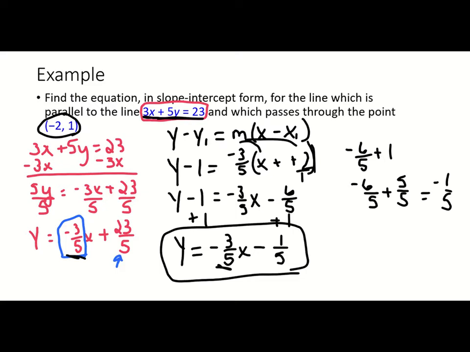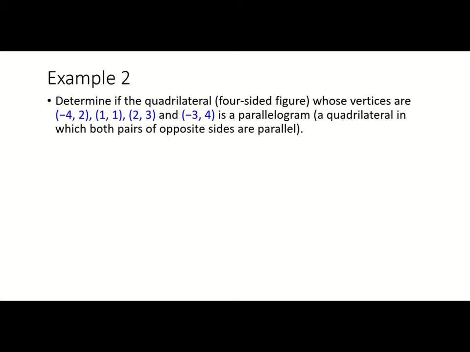All right, so our next example, example 2, we want to determine if the quadrilateral, which again, a quadrilateral is a four-sided figure, that has the vertices (-4, 2), (1, 1), (2, 3), and (-3, 4), is a parallelogram. Remember, a parallelogram is a quadrilateral in which both pairs of opposite sides are parallel.